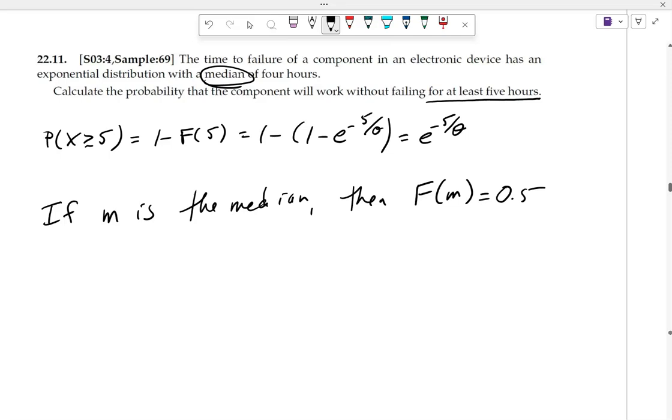So basically we have an equation to solve, don't we? Okay. All right. So in this case, we know the median is 4, right? So we know that F of 4 should be 1/2. F of 4 is 1 minus e to the negative 4 over theta. Now we just need to solve for theta.